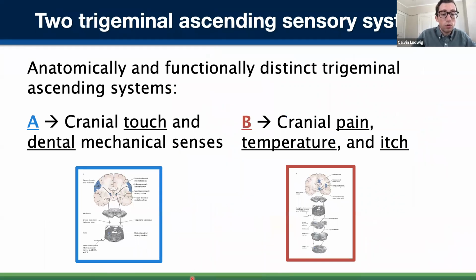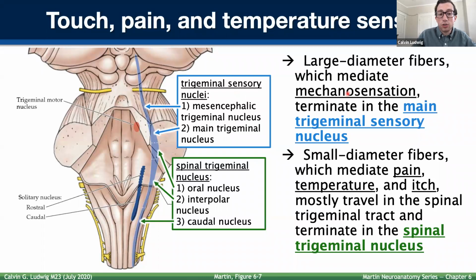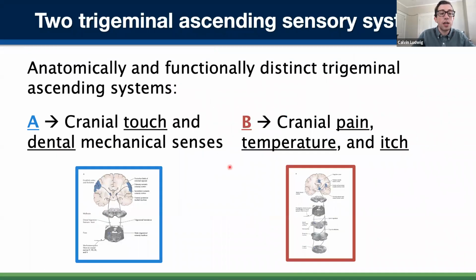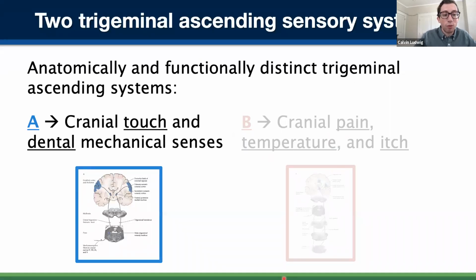These two different functions for each of these two nuclei set the stage for two different trigeminal ascending sensory systems. They're anatomically and functionally distinct. The first one, A, has to do with cranial touch and dental mechanical senses. The second one, B, in red, has to do with cranial pain, temperature, and itch. So let's start with A.